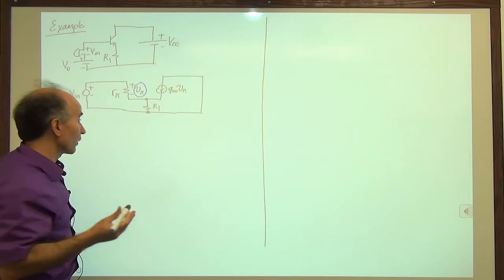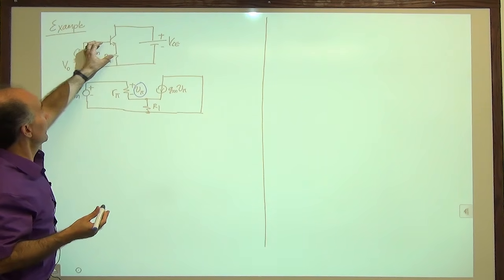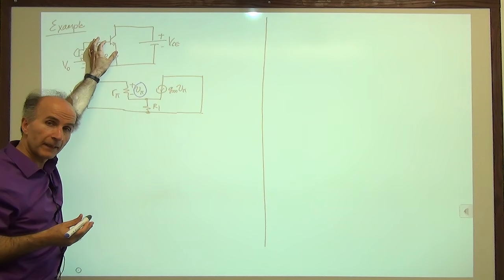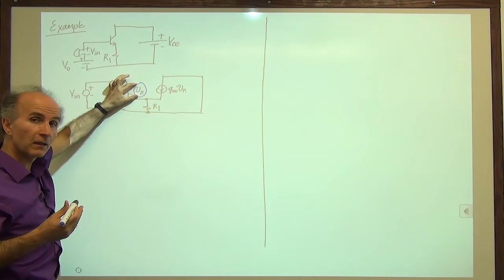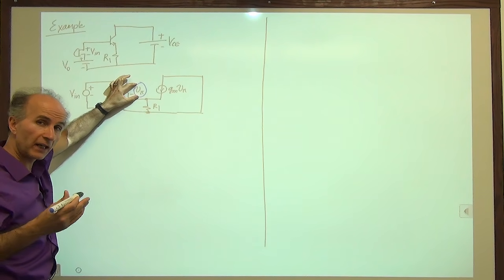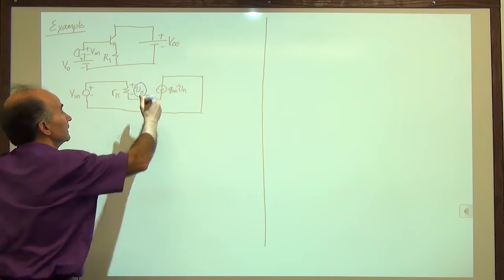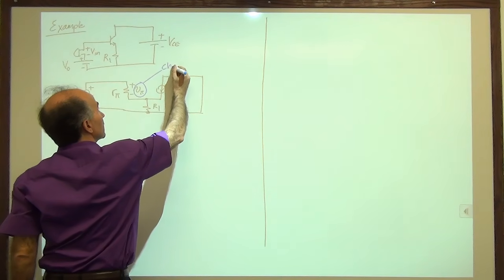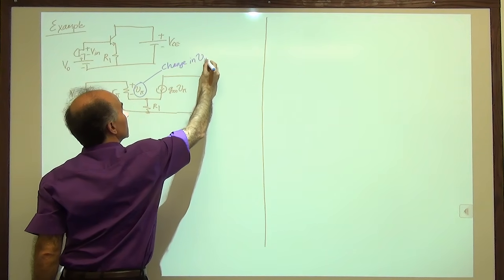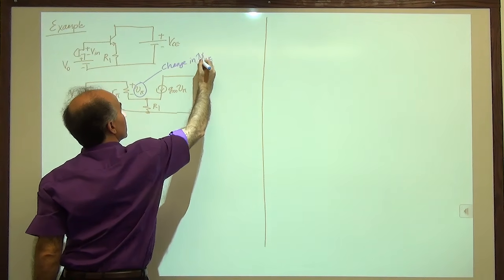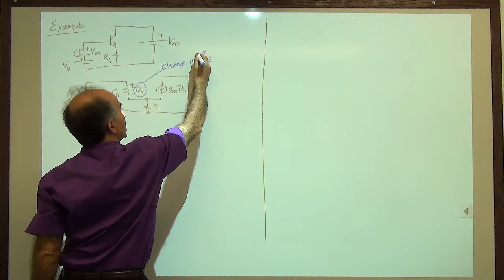The base emitter voltage already has some bias value, right? But now on top of that, we bring a signal. So this V pi represents the change in VBE, or sometimes we call it perturbation in VBE.